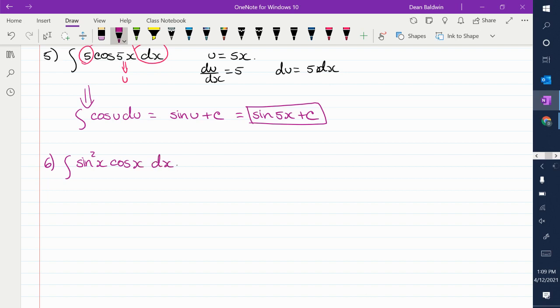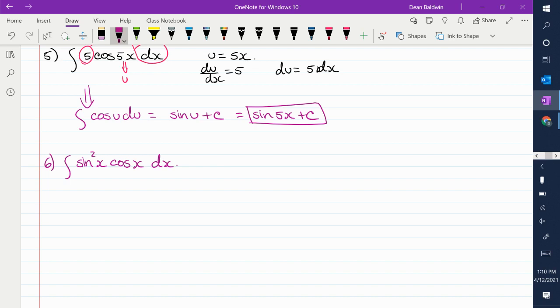All right. Sine squared of x times cos of x dx. So you only have two choices here. You can be sine or you can be cosine. In your head, what do you do quickly? You ask yourself, the derivative of sine is cosine.